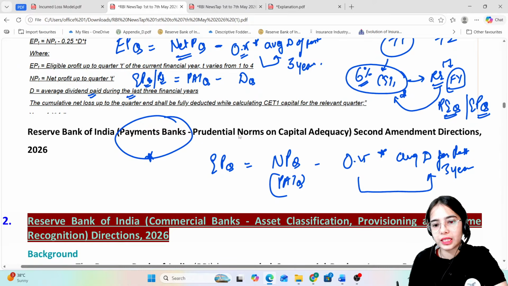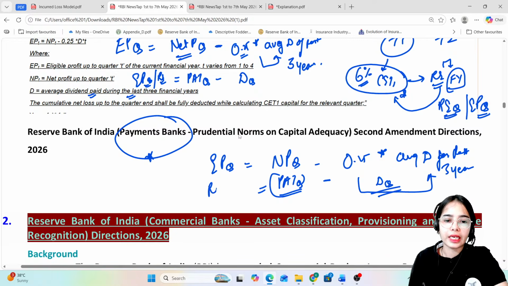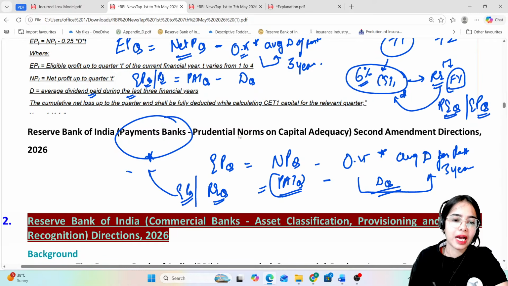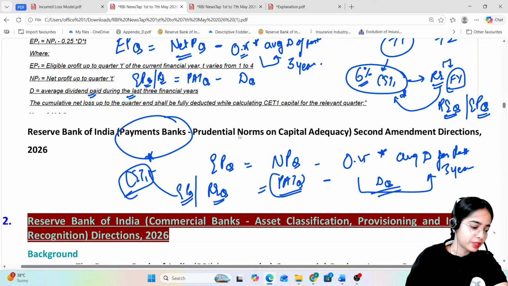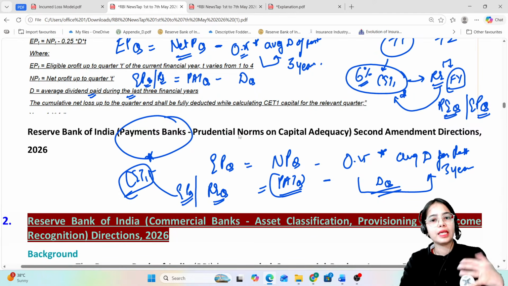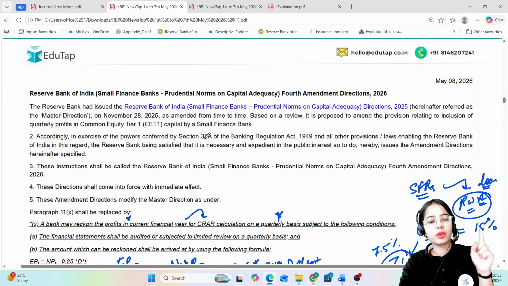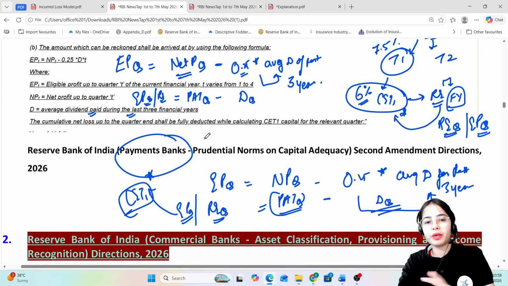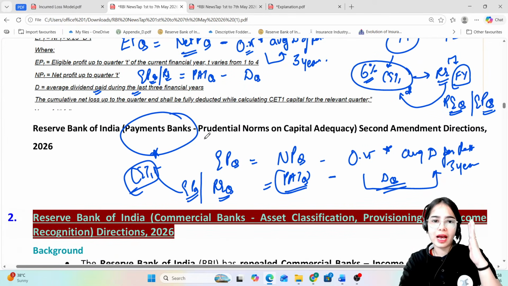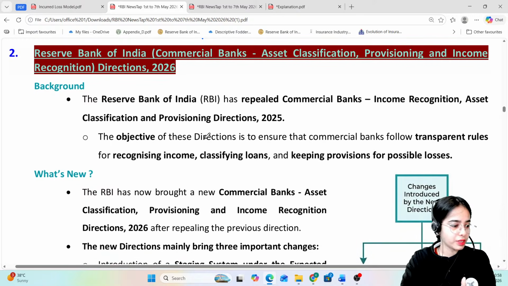So from the profit after tax, if we deduct the quarterly dividend, what is left is the retained earnings for the quarter, the eligible profit that can be added in the common equity tier 1 capital. I hope there is no confusion now. For the commercial bank, small finance bank, and the payments bank, the same norm has been added.